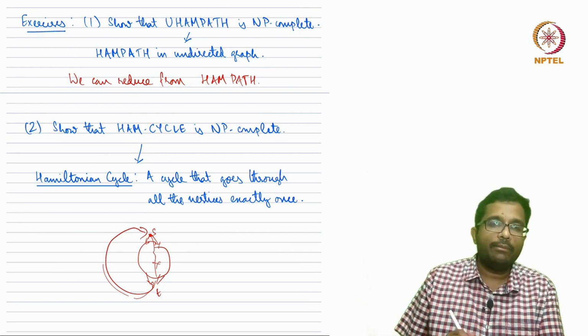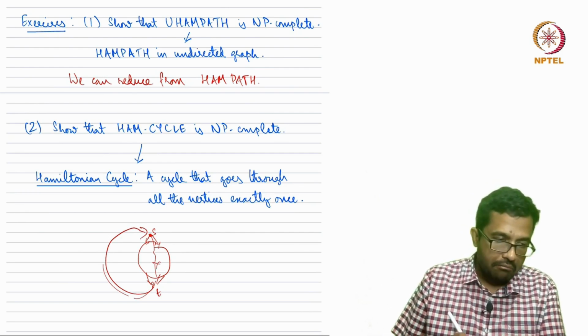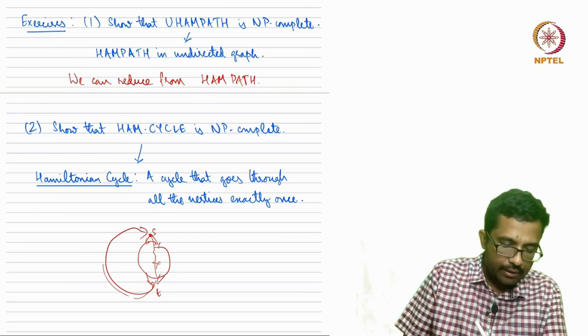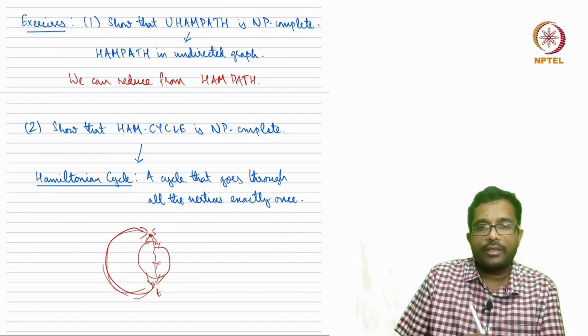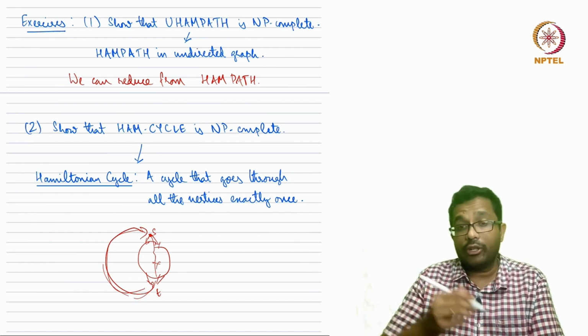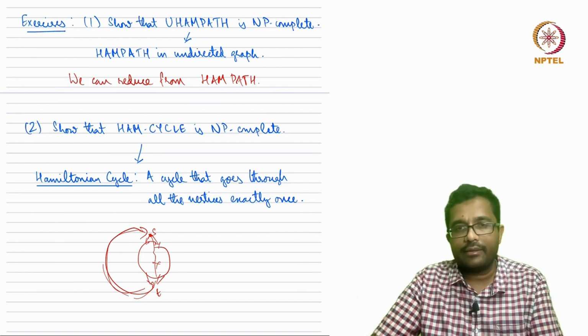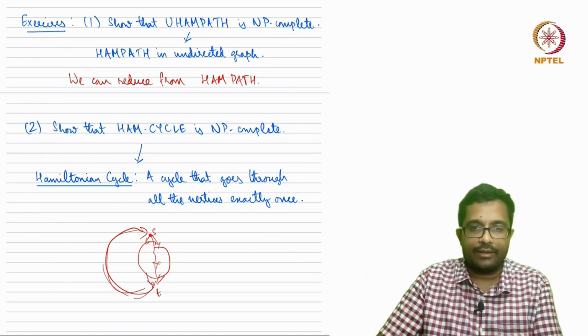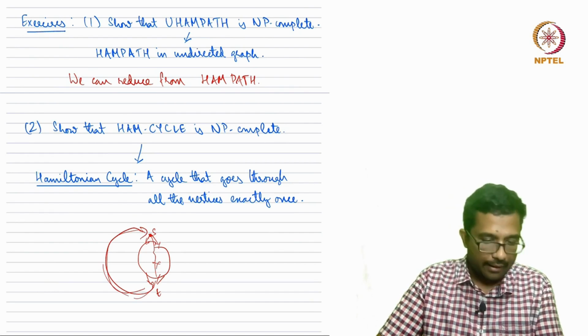Should there necessarily be an ST path? Not necessarily, because the Hamiltonian cycle may not use this new edge. It may be just going through some other way. So there need not be an ST Hamiltonian path, while there will be other Hamiltonian path with other start and end vertex, right?